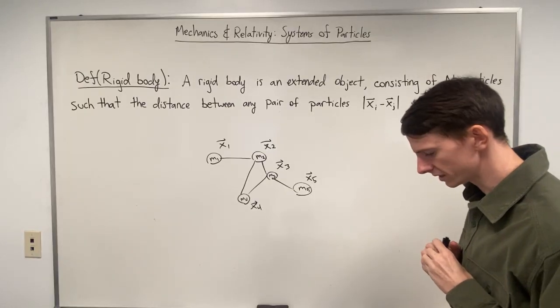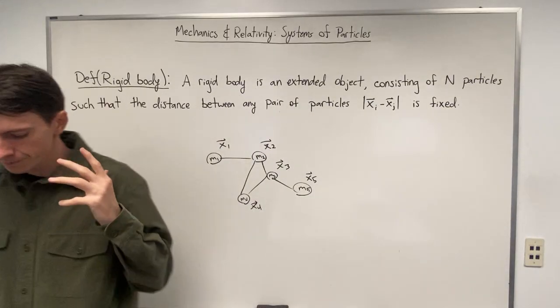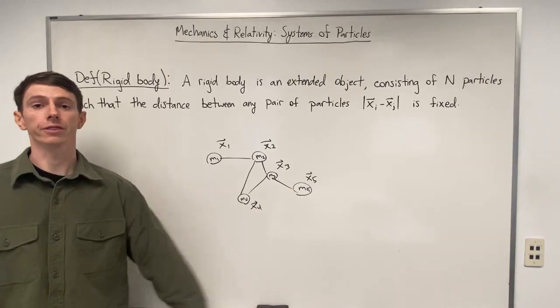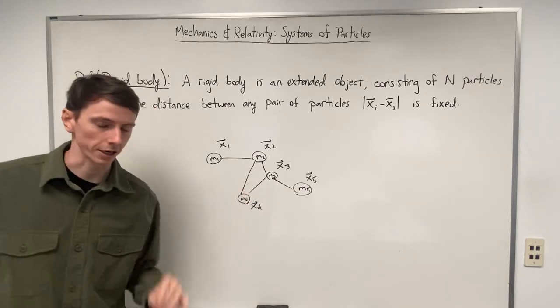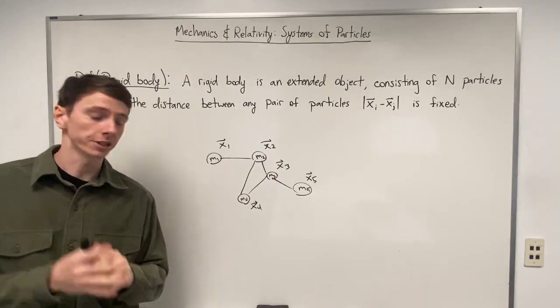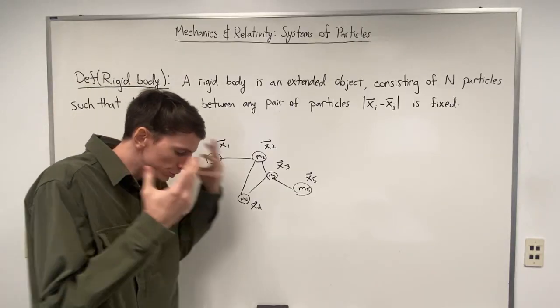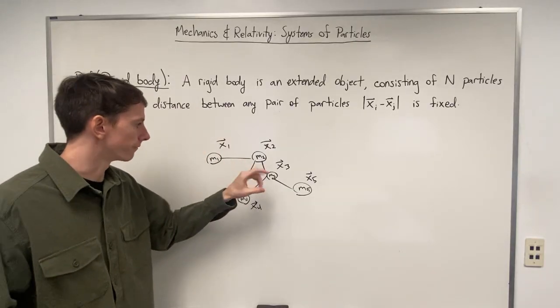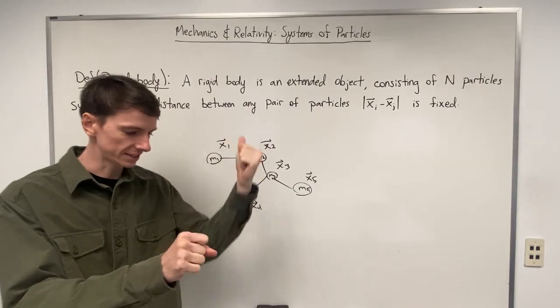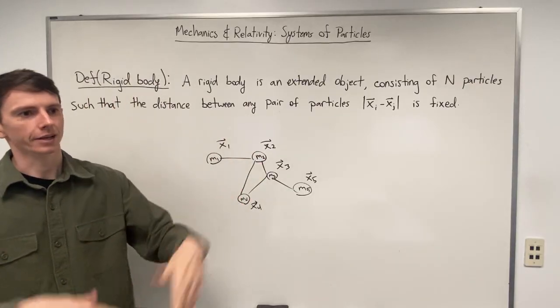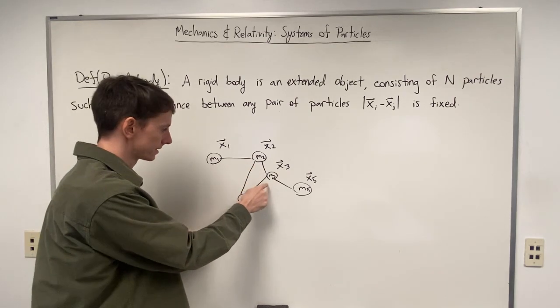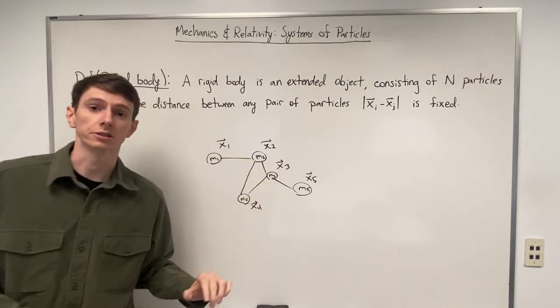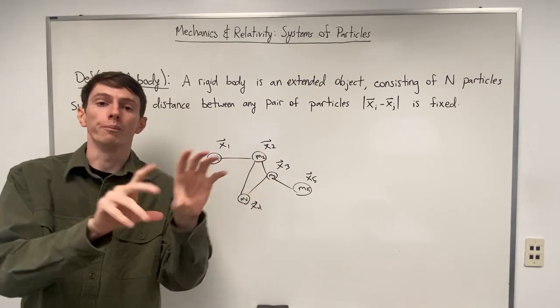But the other reason is to get an intuitive understanding of how we can think of rigid bodies. I did my best to draw these lines as straight, and I want us for a second to visually imagine that these lines are very stiff, like steel rods. I guess you could bend steel, but imagine that the lines connecting our point particles in our system don't bend.